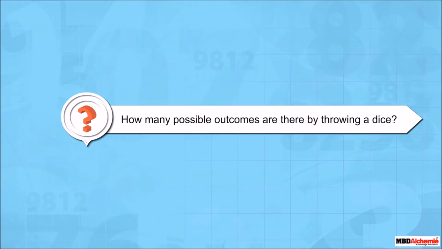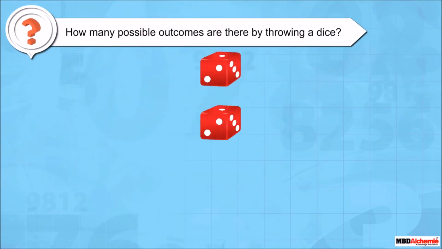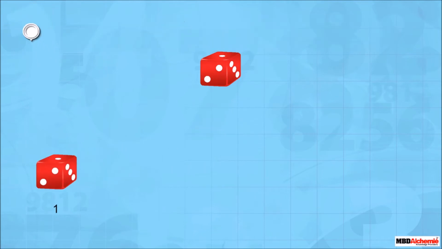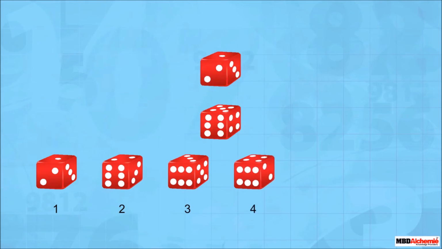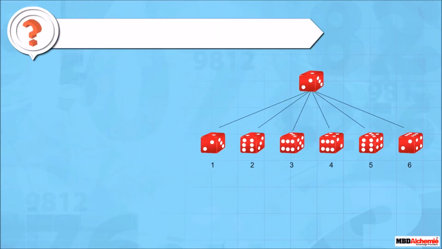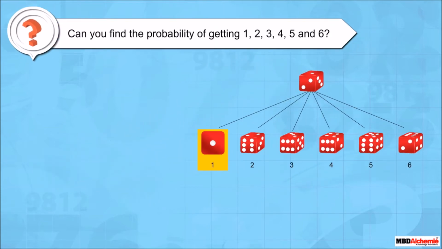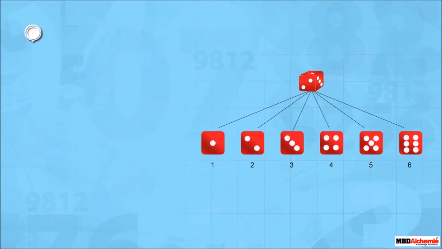How many possible outcomes are there by throwing a dice? As we know, the total possible outcomes are 1, 2, 3, 4, 5, and 6. Can you find the probability of getting 1, 2, 3, 4, 5, and 6?